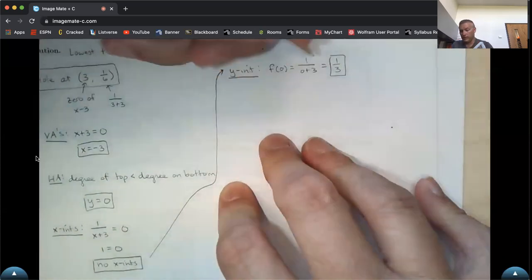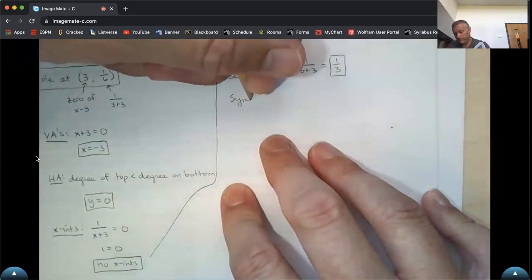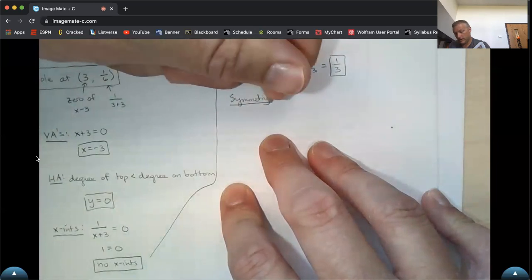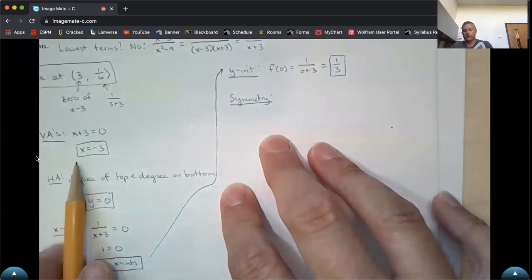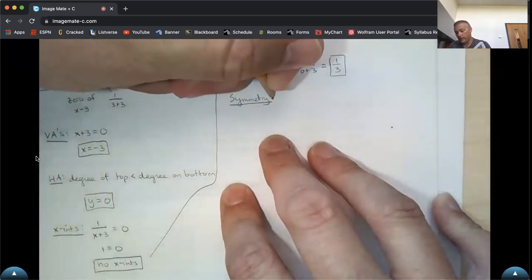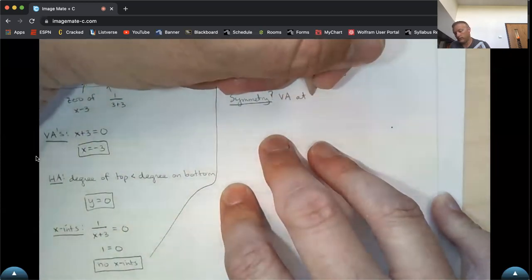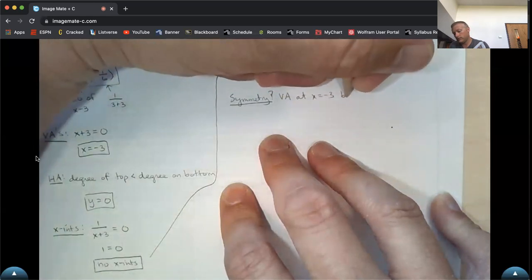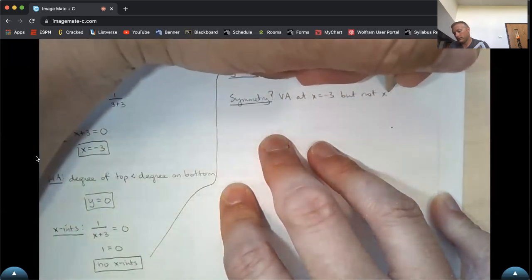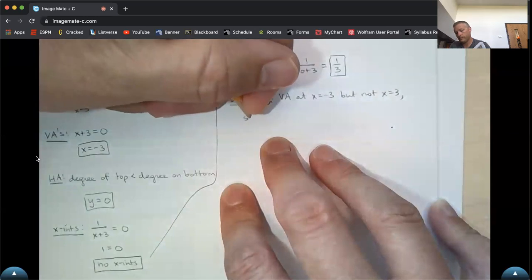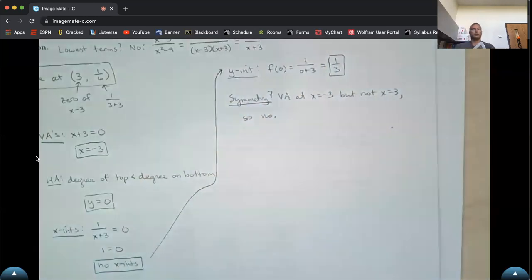We check now for any symmetry. And we can say it doesn't have symmetry because you have a vertical asymptote at -3, but not at +3. So as I said, this having symmetry is kind of unusual.